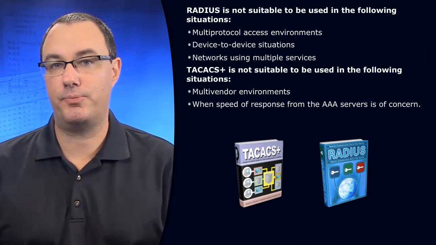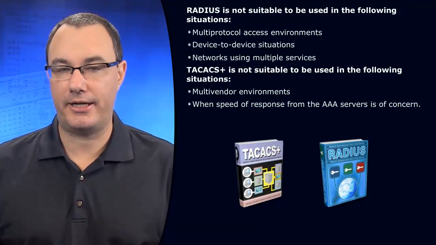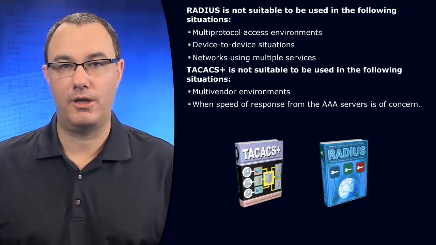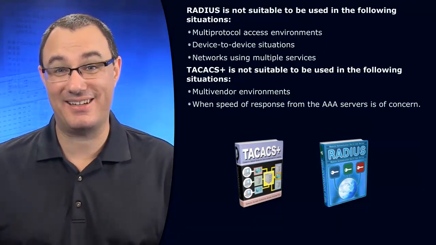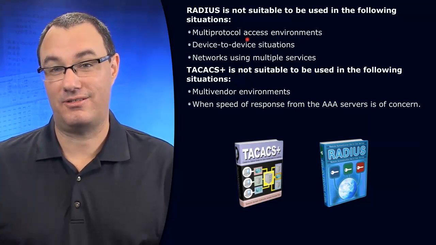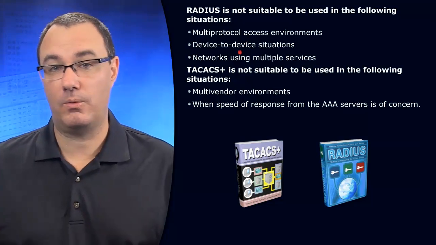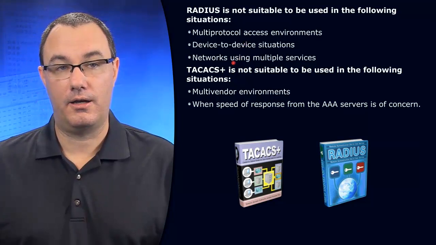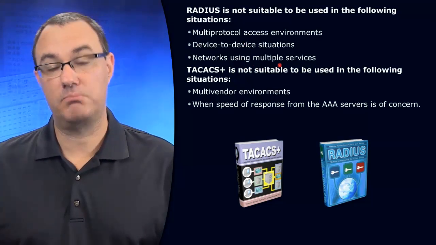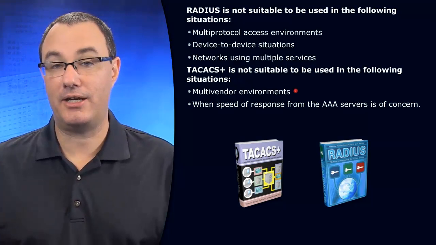Why do we have these two protocols, TACACS+ and Radius, in AAA? Well, let's go through some of each of these weaknesses. Multi-protocol access. Device to device. This is what they're not well suited for. Networks using multiple services. TACACS+ is multi-vendor.